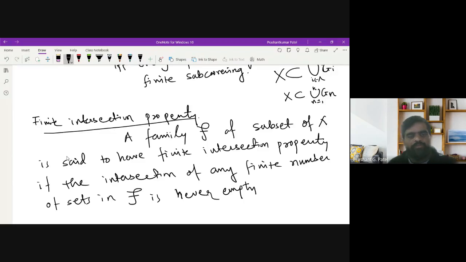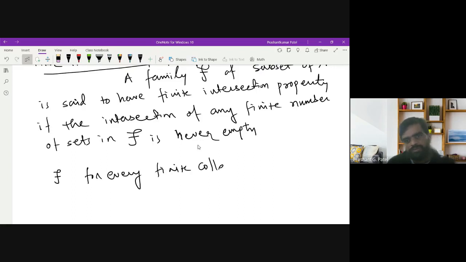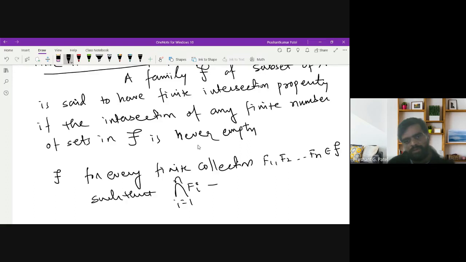That means, if you write this in notation form, script F is a family of subsets of X, and for every finite collection F1, F2 up to Fn belonging to script F, the intersection of F1, F2 up to Fn is always non-empty.